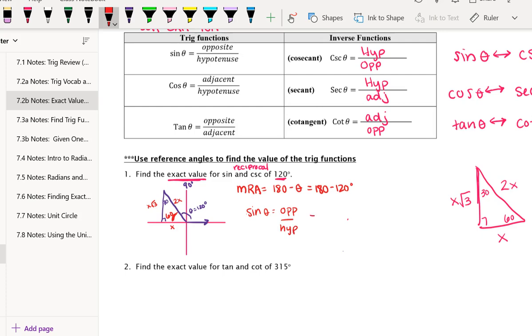So I'm going to say sine of 60 degrees is equal to opposite over hypotenuse. So opposite of 60 is across the triangle. I need a different color.